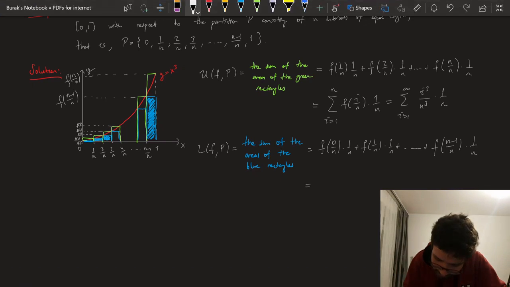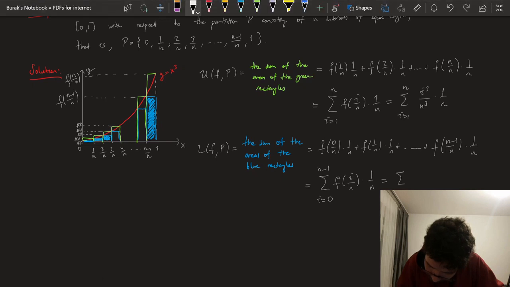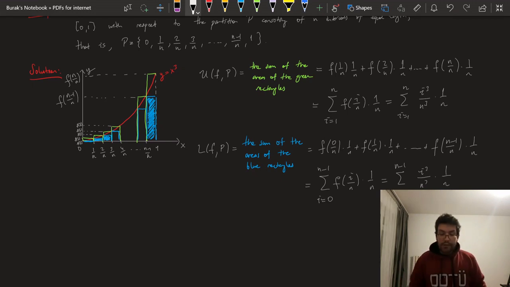And in sigma notation, this time it's going to go from i equals 0 to n minus 1, f of i over n, 1 over n. This is not infinity, this is n. It goes from 0 to n minus 1, i cubed divided by n cubed times 1 over n. Okay, so this is the upper Riemann sum, this is the lower Riemann sum. That's fine.